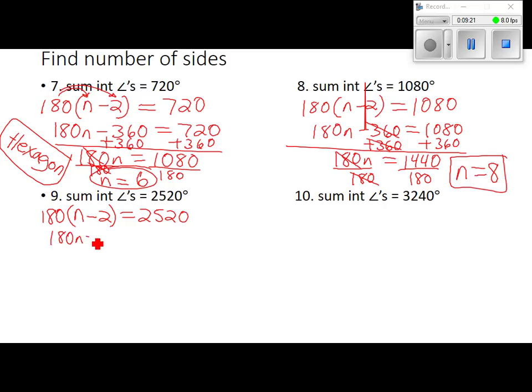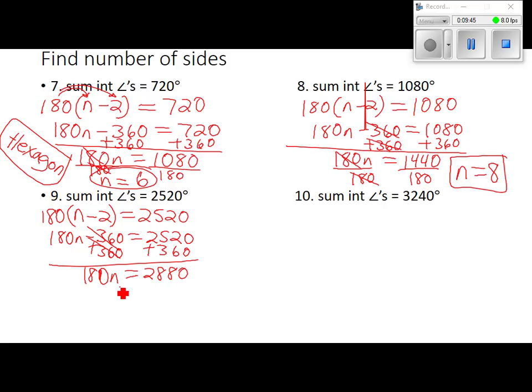180n minus 360 equals 2520. Add 360 to both sides. Somebody help me out, tell me what that is. 2880. Is that wrong?